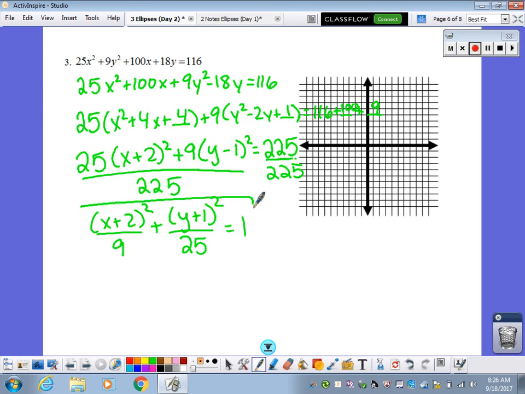So we now have our standard form. To give us a little bit more room, I'm going to erase this and write 225. Okay, now it's time to graph our ellipse. So we can see that we are going to have a center at -2, 1.